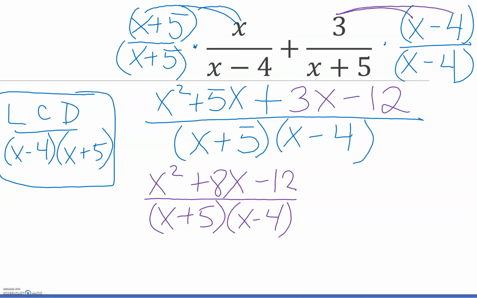Now at this point it doesn't look like it'd be simplified, but we could probably go ahead and factor that numerator. So we need two numbers that multiply to give us negative 12 that add to give us 8. And to be honest, I don't think there's any numbers that will do that. So this would be our actual final answer.